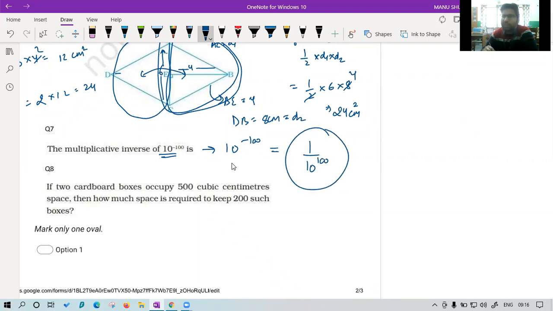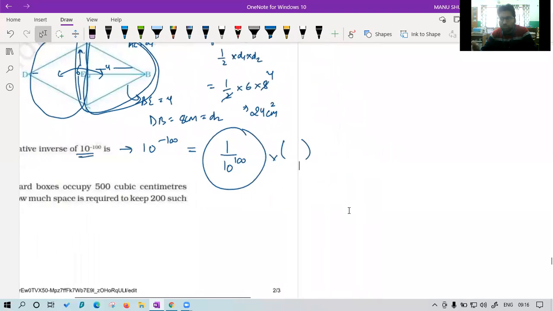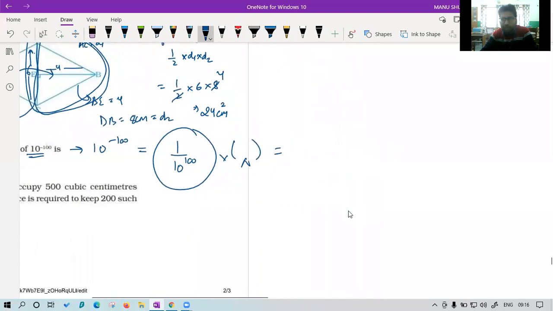Now tell me, very good Harshul, the multiplicative inverse is that number by which if you multiply the given number, what value will you get? Yes, you will get 1 as the answer.